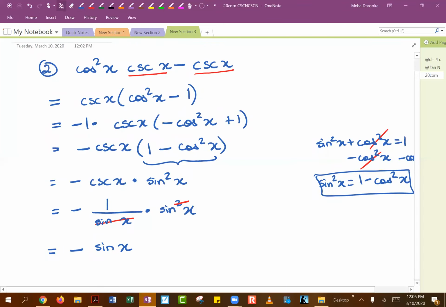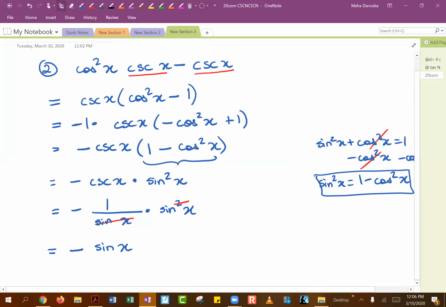Like here? Yeah, so what happens is I want this to look like 1 minus cosine square, not cosine square minus 1. So that means I need my 1 to be positive and I need my cosine to be negative. And I can do that by basically bringing out a negative sign.